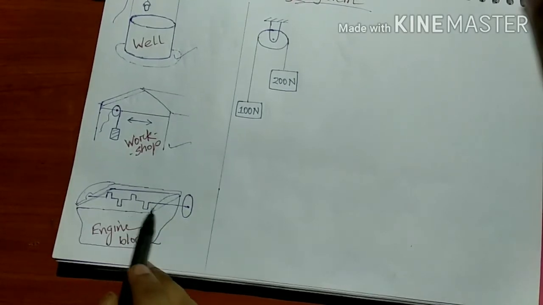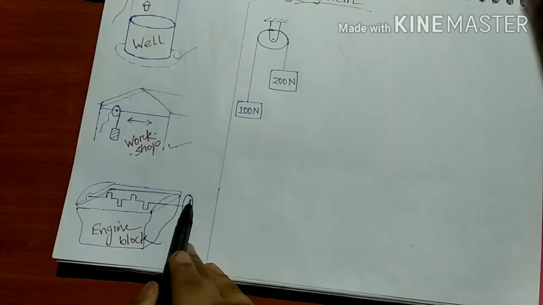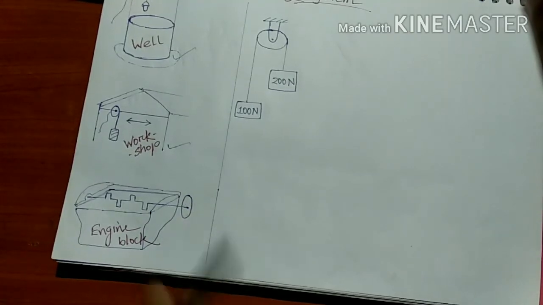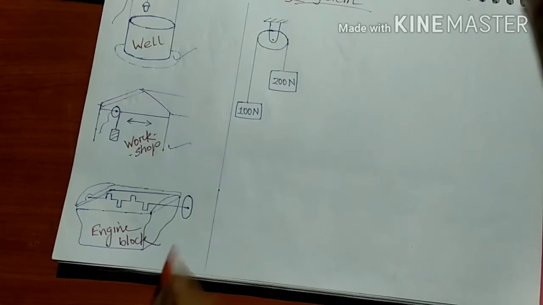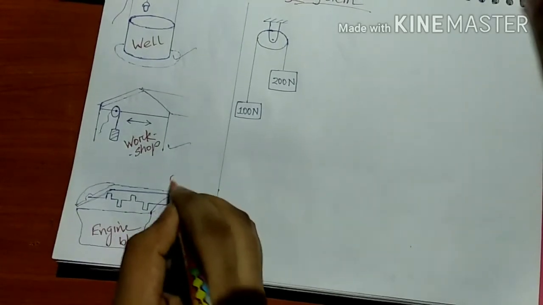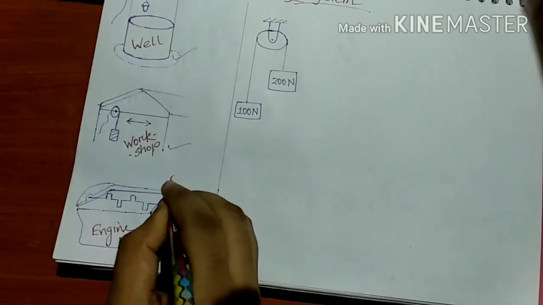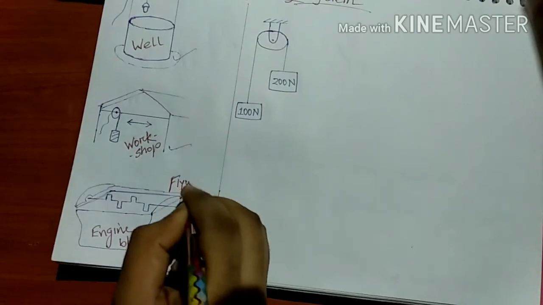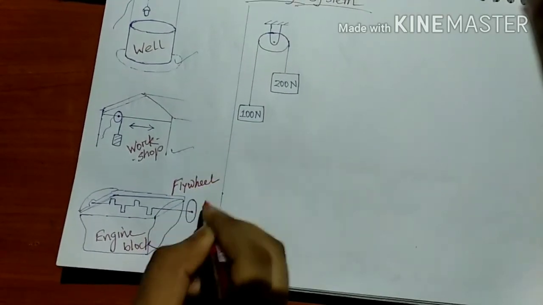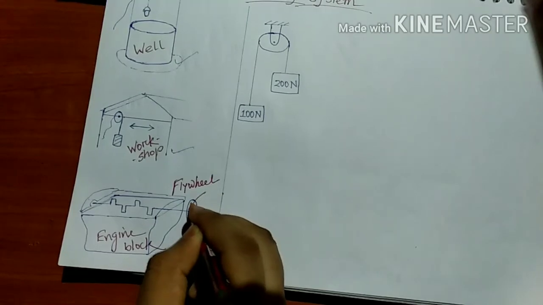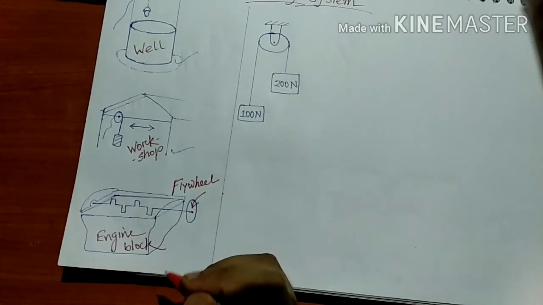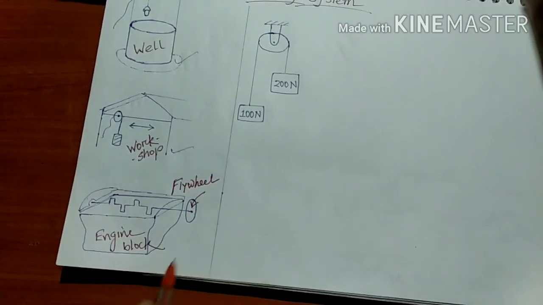So to minimize this vibration, we are using a pulley here. So this is a pulley, and this pulley is known as what? It is known as a flywheel. So these are a few applications of pulley.